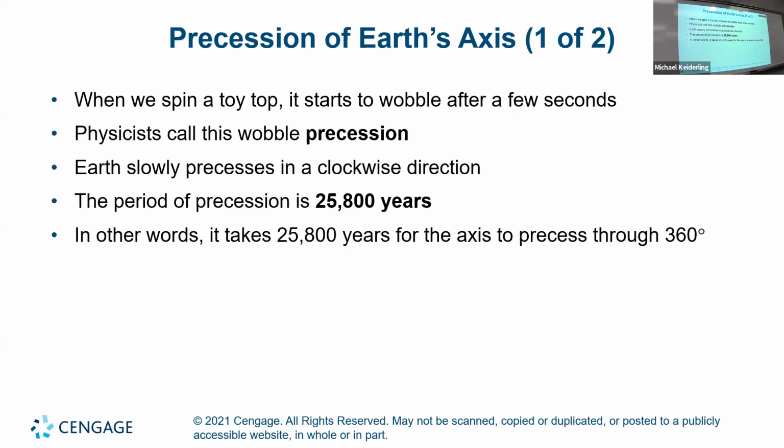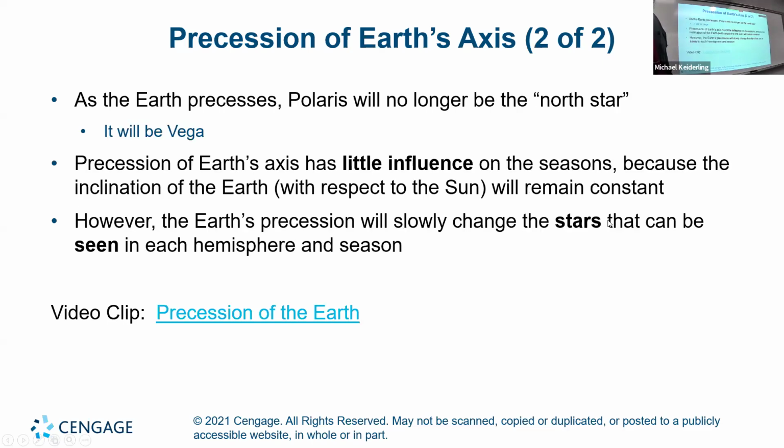And the reason you can tell this is because the star that the Earth's axis points at changes over time. So right now it's pointing at Polaris, but over time that will change. And by looking at hundreds of years of astronomical data, it's possible to figure this out and calculate this precession. So as the Earth precesses, Polaris will no longer be the North Star. Eventually it will be Vega.